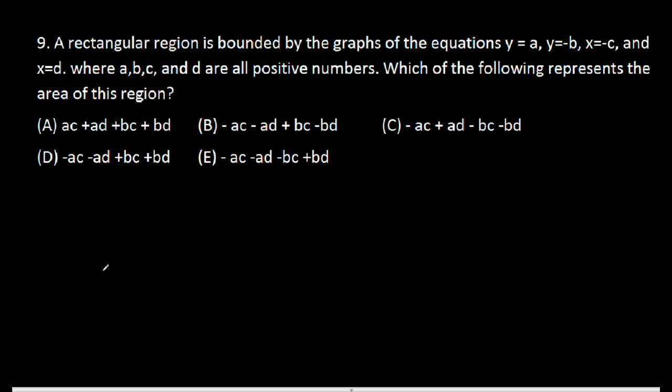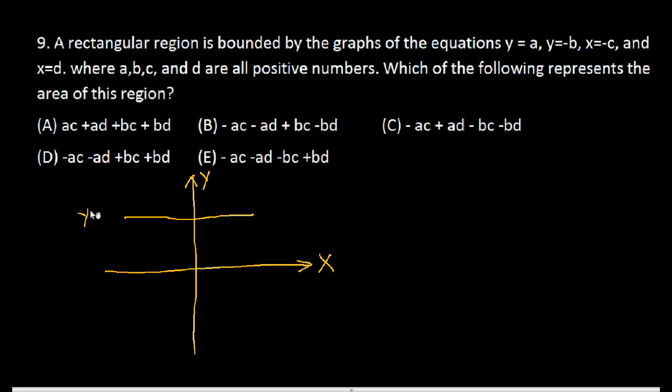Knowing a, b, c, d are all positive numbers, let's draw on the plane the 4 lines. y equal to a would be here, right? It's a. y equal to negative b. This is minus b, right?